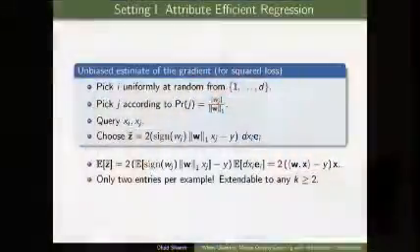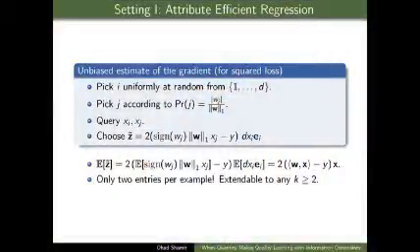Okay, so how do we use these observations? We do it as follows. We're going to pick an index i uniformly at random from 1 to d, and we're going to pick j according to the distribution induced by the weights of our predictor, by the weights of w. We're going to query these two entries, xi and xj, and construct this vector z, which is basically a random vector because i and j were chosen randomly.